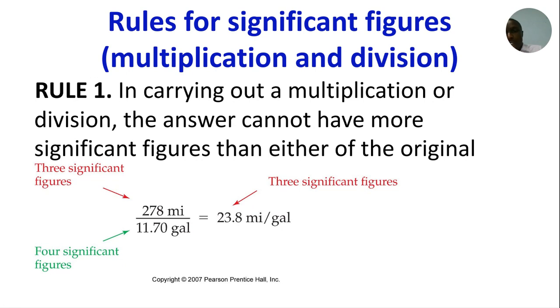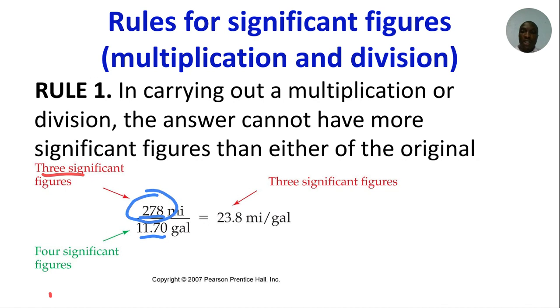Like in this case, we have 278. These are 3 significant figures. Let me use blue. For example, here we have 3 significant figures. Here we have 4 significant figures. That means our final answer cannot be below 3, and cannot be above 3, because this number here has only 3 significant figures.